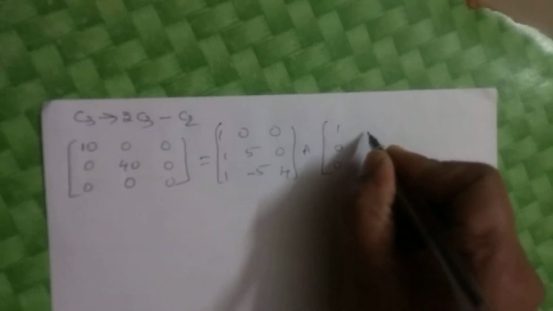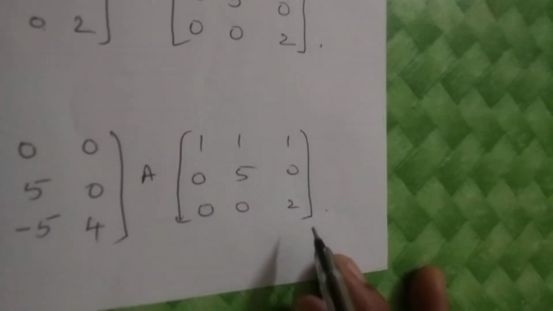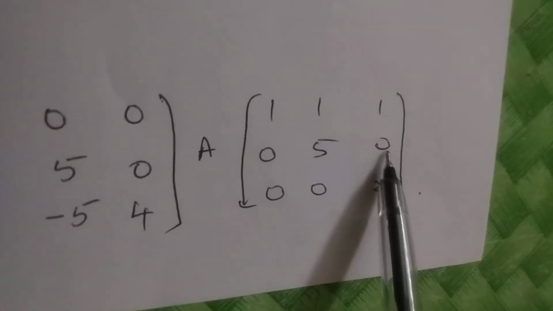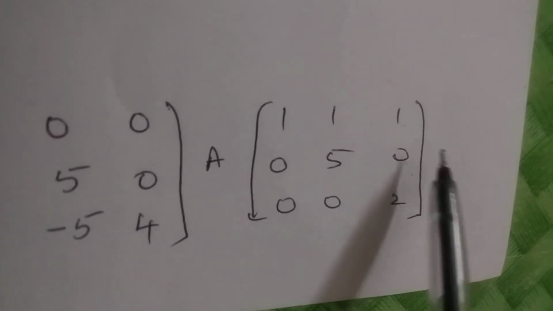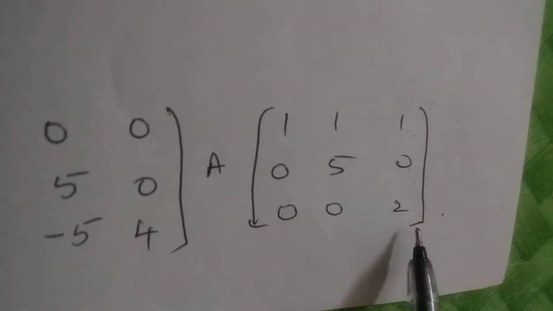The third column we have to convert. This is 1, 0, 2. Now what do we have to do? 2 minus 1, 1. 0 minus 5, minus 5. So 1 minus 5 and 4. Right?